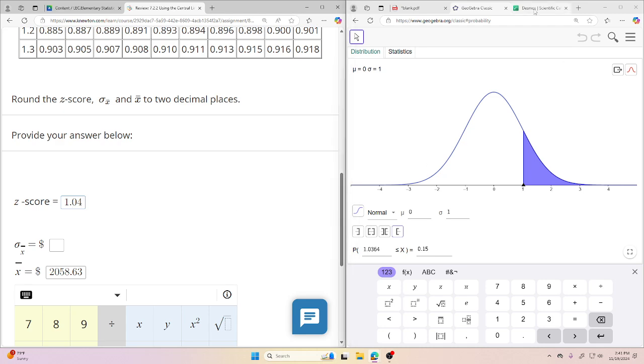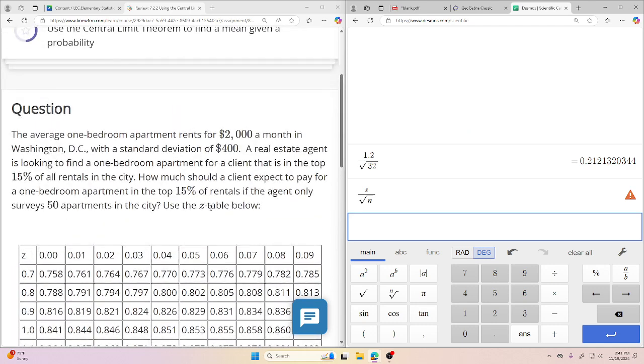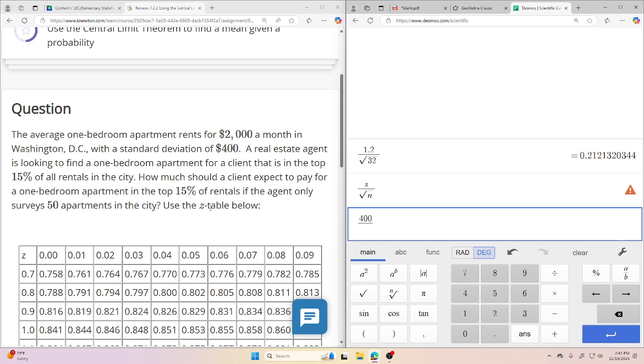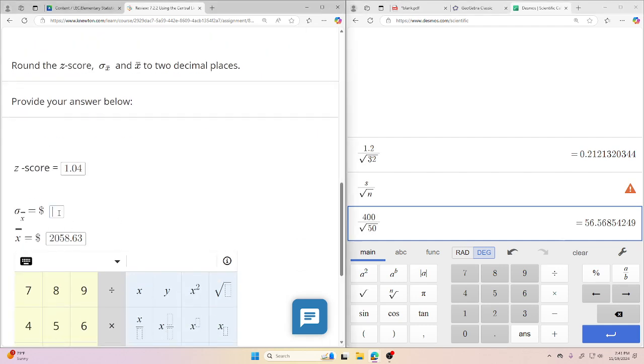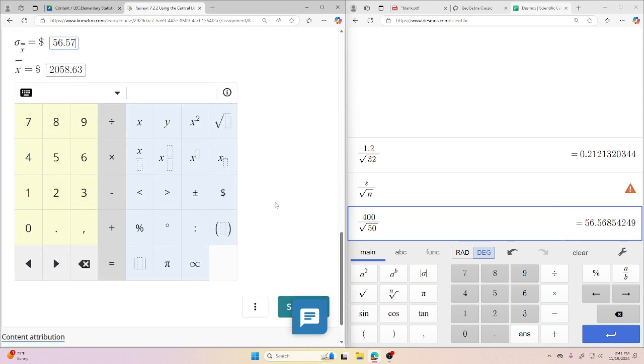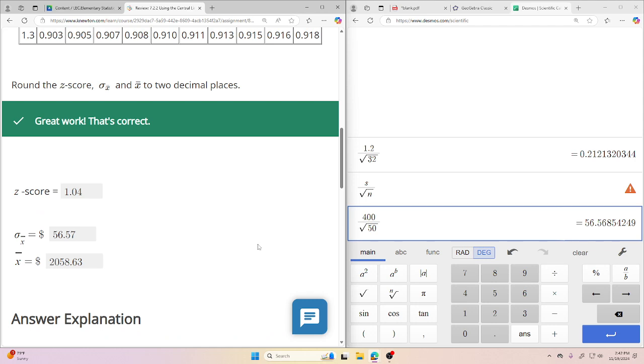And then finally, the new standard deviation. Again, the same formula. We just did this a couple times. Let's do it again. 400 divided by square root of 50. Awesome. So that's just a formula. Popping that in. Awesome. Cool.